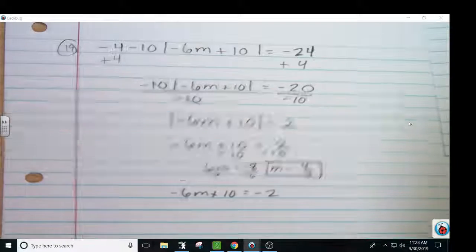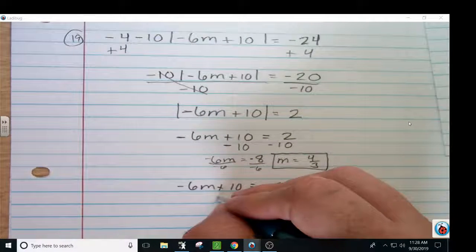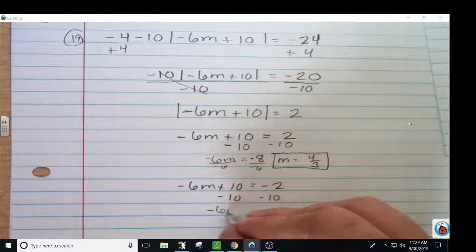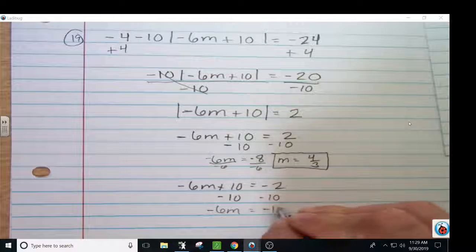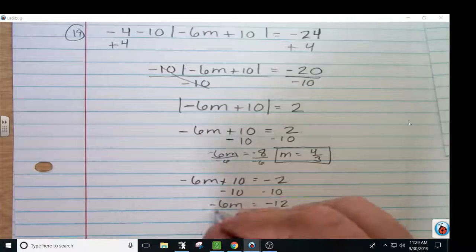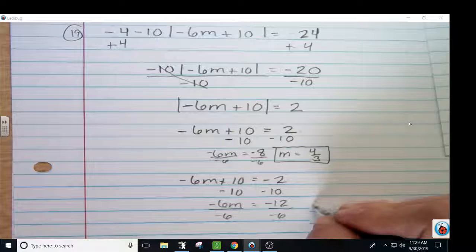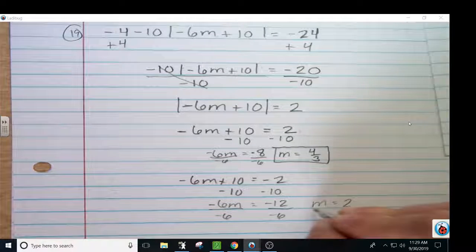So that's 4/3. You subtract 10. That gives me m equals 2.